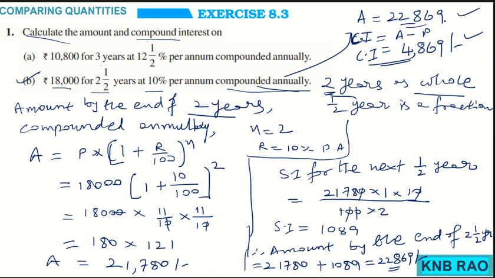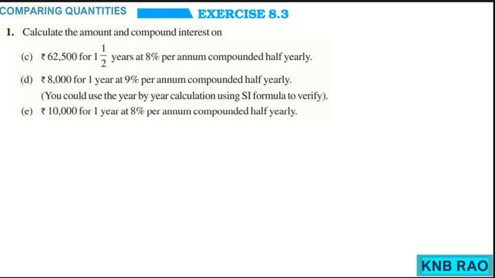Then coming to the next question, in the question number 1, sub questions C, D and E. Here compounded half yearly. Out of these I will take the first, C only, where we have got 1.5 year at 8% per annum, compounded half yearly.